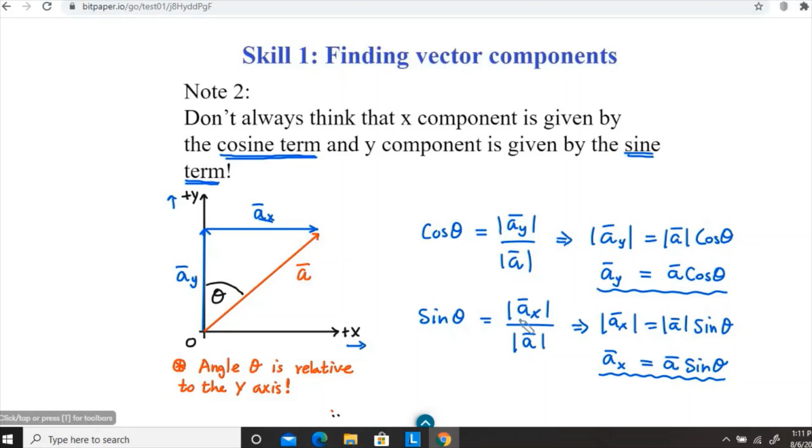So that's a very important thing to note, because again people think that always if it's the x component you'll get the cosine term. If it's the y component, then it's the sine term. Not necessarily. That's why you always have to look at where the angle is. Is it relative to the x-axis or relative to the y-axis? In this case, as I have shown you, when the angle is measured relative to the y-axis, the components, their sine and cosine terms interchange.